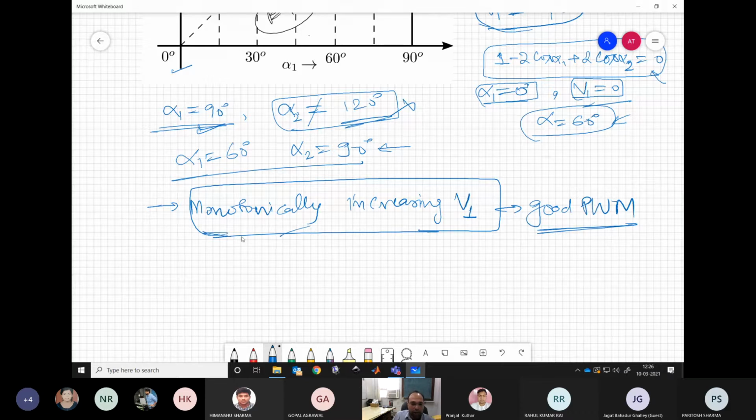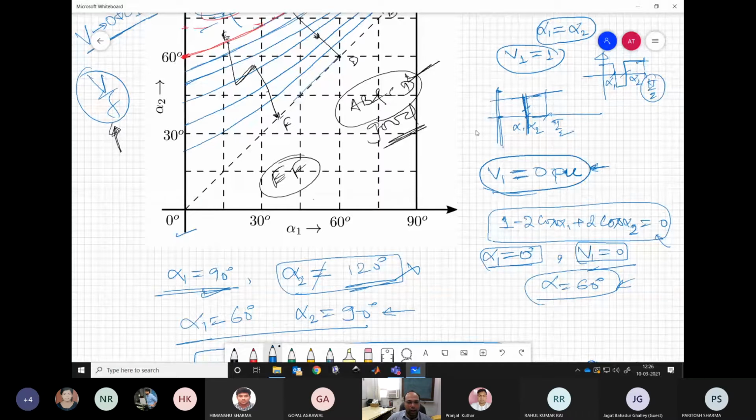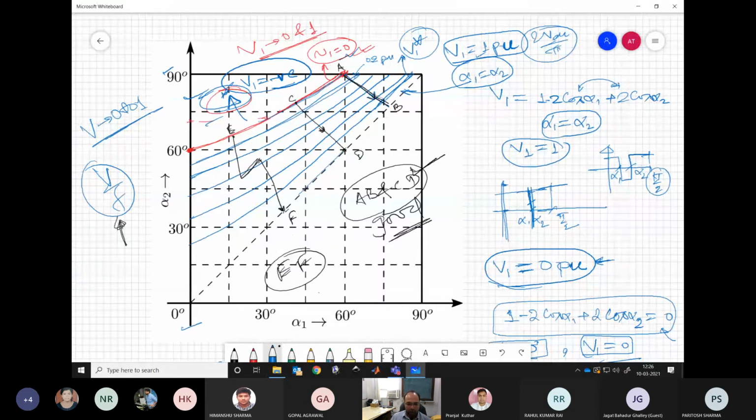I have not stated anything related to what happens to other harmonics. So AB or CD could be our choice to operate the motor from 0 per unit to 1 per unit. Now, how do we select whether AB is good or CD is good? Which one to choose? How do we know this?